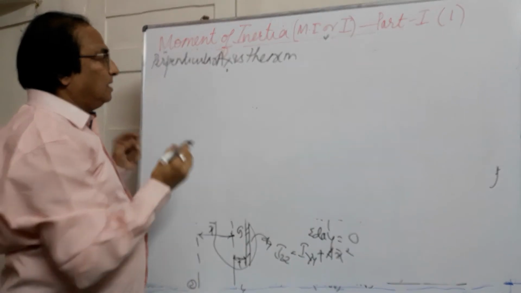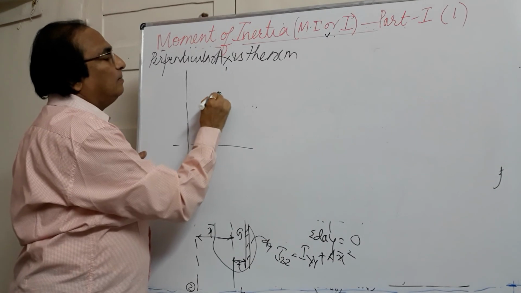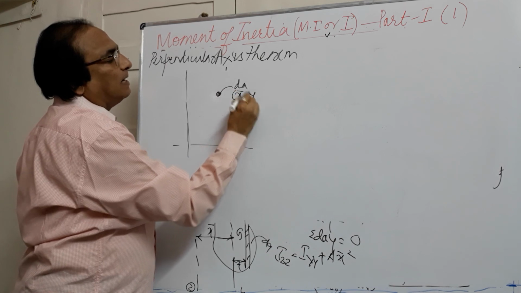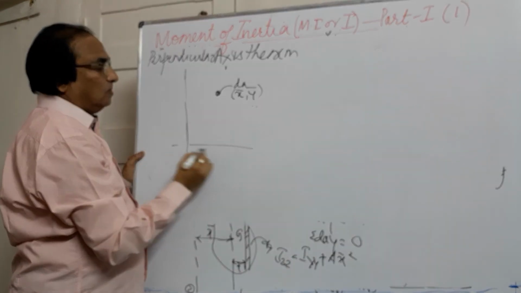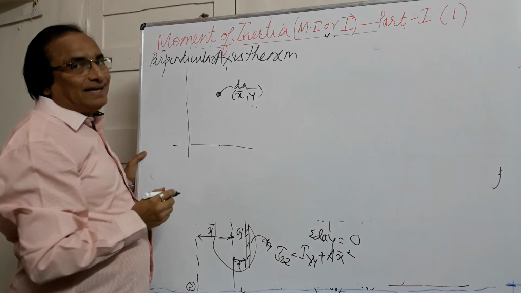Perpendicular axis theorem. Suppose I take any body, and let the coordinates of this body be x bar and y bar. So x bar is the distance from the y axis, y bar is the distance from the x axis.